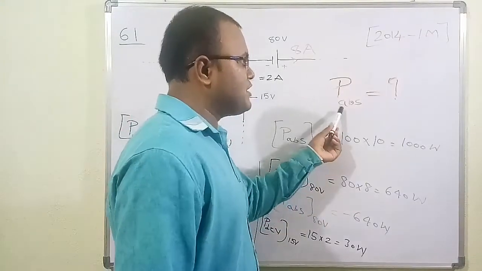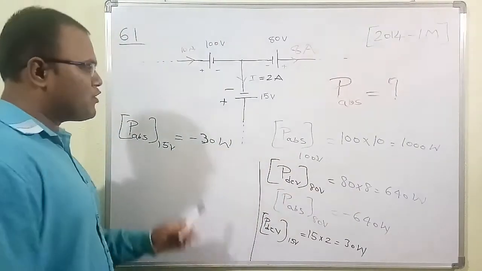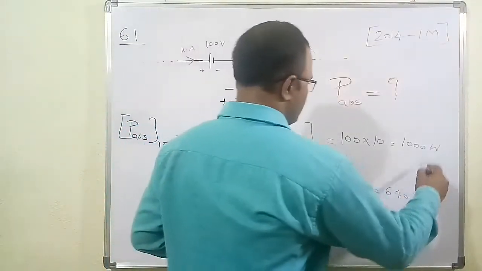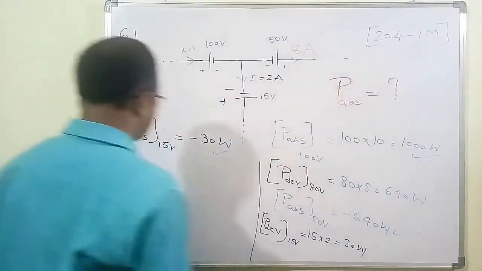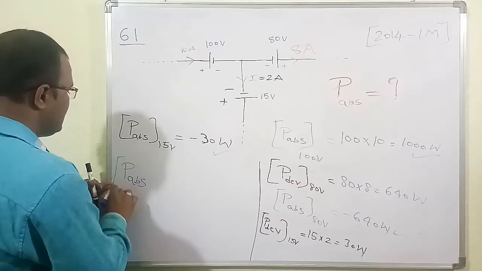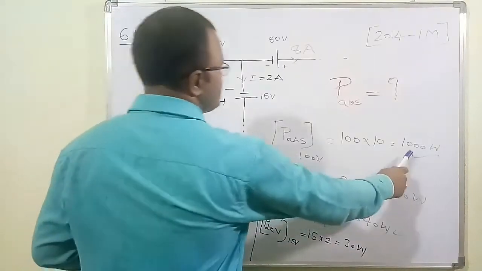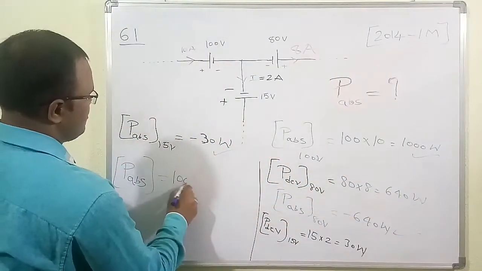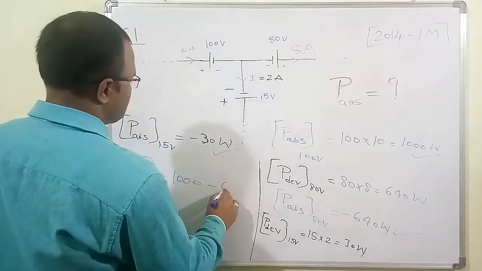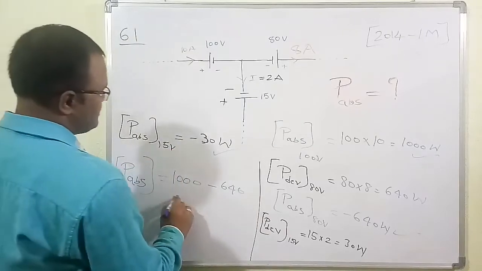In this question we need to figure out the total power absorbed by these three elements. So we need to do the summation. The power absorbed by the 100 volt source is 1000 watts, the power absorbed by the 80 volt source is minus 640, and the power absorbed by the 15 volt source is minus 30.